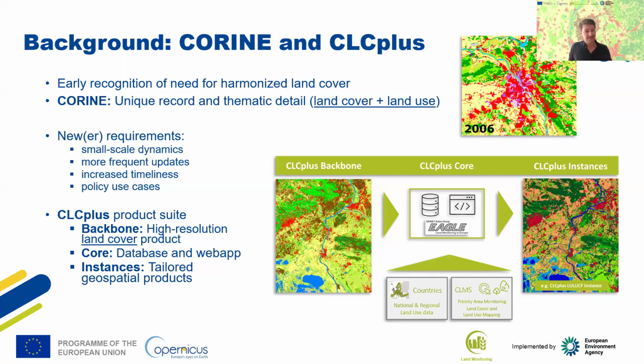And this Corinne land cover is still produced in a largely similar way nowadays, and it's offering a unique temporal record and unprecedented thematic detail of 44 land cover and land use classes. And you could say that good things stay and they develop further, as do user needs and applications.